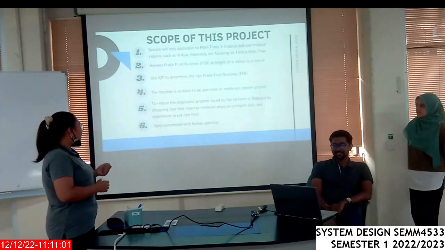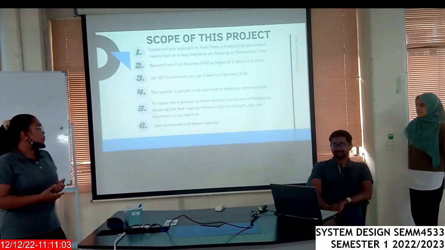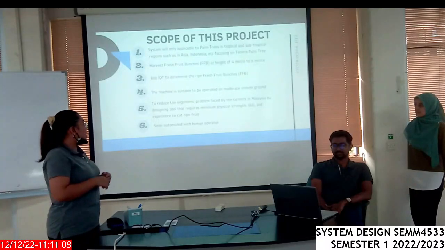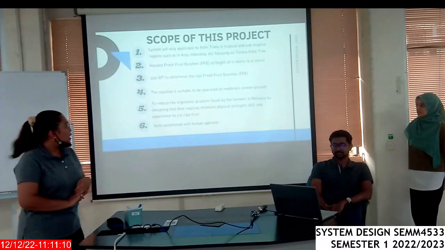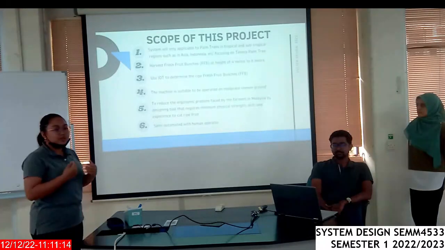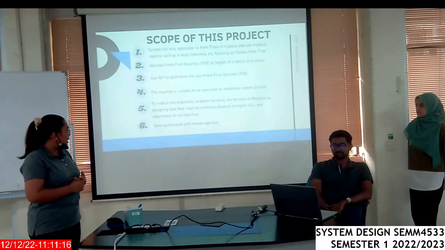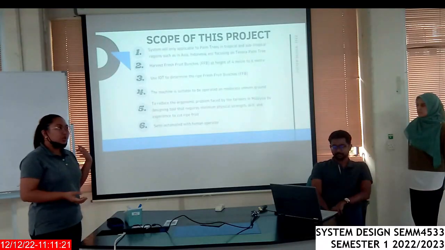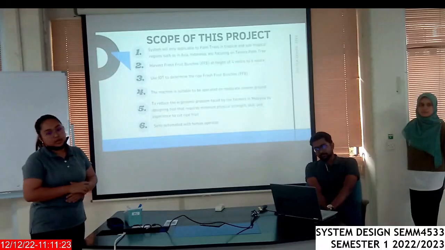And the fifth one is we want to reduce the ergonomic problem faced by the farmers in Malaysia by designing a tool that requires, like the objective said before, minimum physical strength, skill and experience to cut the right fruit. And the last one is our machine will be semi-automated, operated by a human.